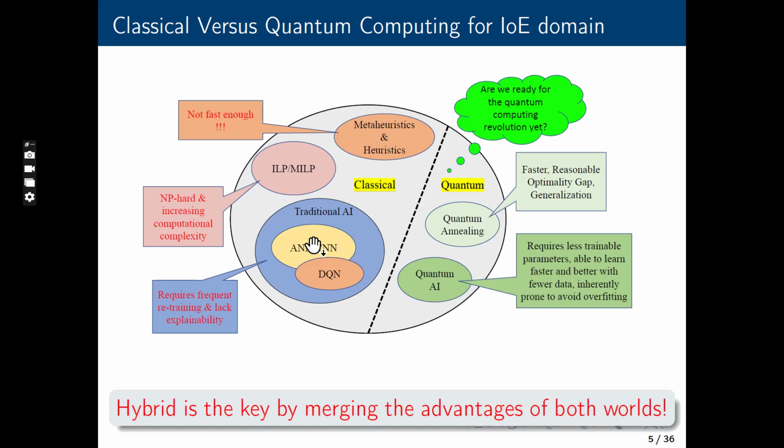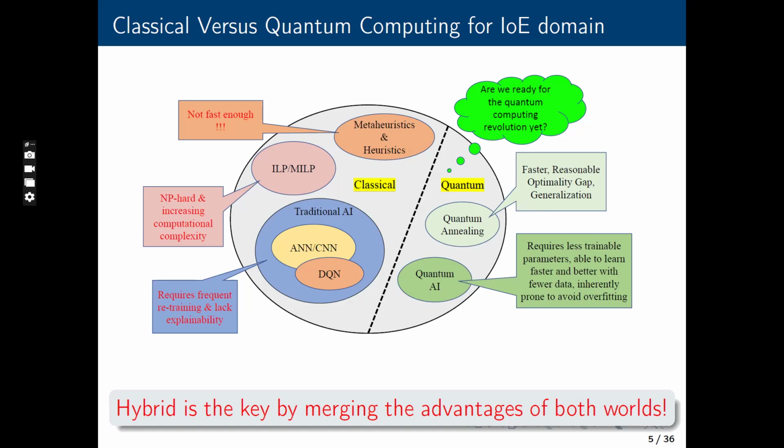Moving to the quantum side, we have some popular quantum optimization algorithms such as quantum annealing, which is supposed to be faster than classical algorithms, and they are also known to provide a reasonable optimality gap. Then there are some quantum AI or machine learning techniques that are supposed to require fewer trainable parameters compared to classical machine learning.